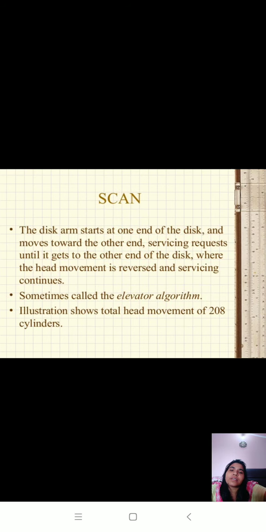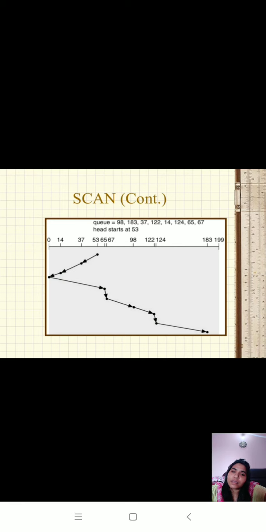But if it starts from the higher side, that means from 53 to 65 and 67 and so on, then it has to go to the last end, that is 199, and on this side it will go only to the value of 14. It doesn't need to go to 0.